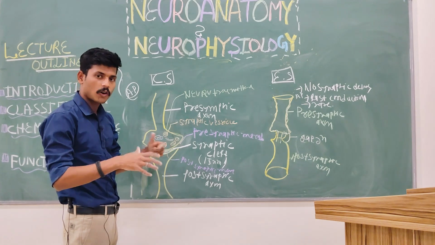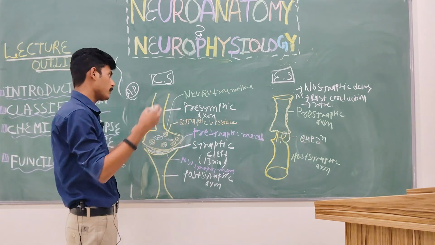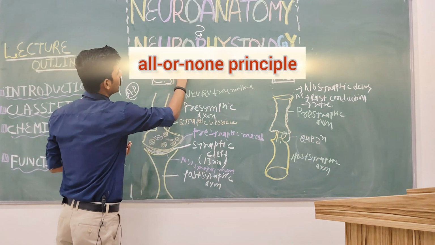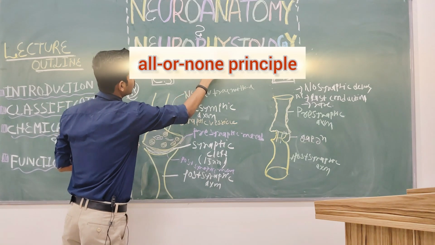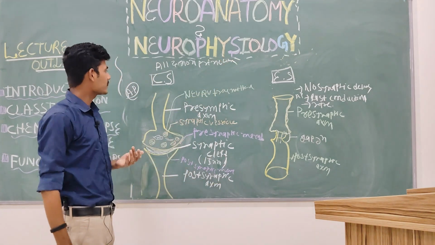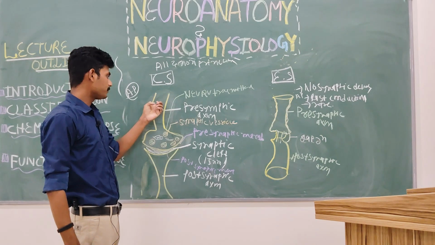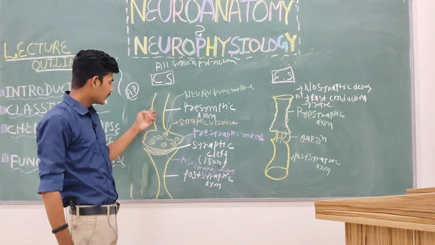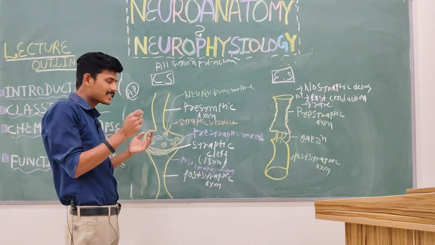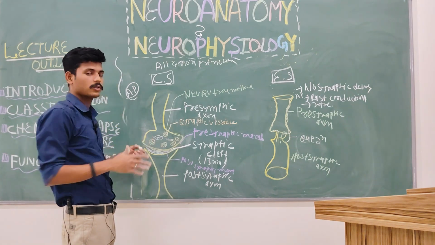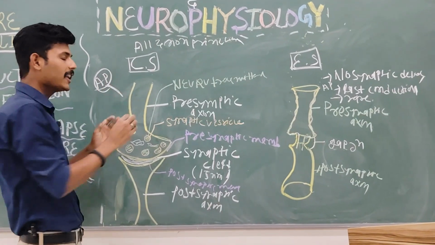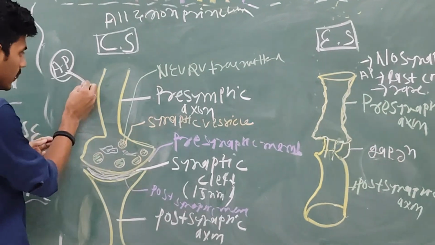This firing or not firing at all is a law you have probably heard of, called the all or none principle. This law states that if you provide adequate strength of electrical current, then your neurons will fire, otherwise not. If the voltage is a bit less, your nerves won't respond.